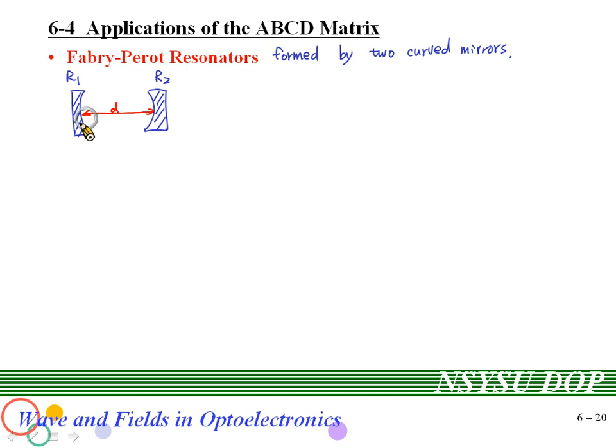As a result, inside the cavity formed by the two curved mirrors, there should be a Gaussian beam. And of course, the Gaussian beam will have a waist in the center.